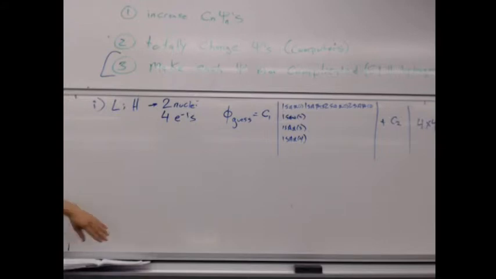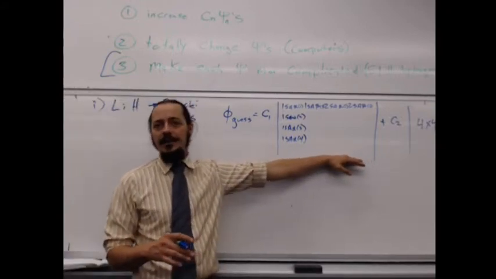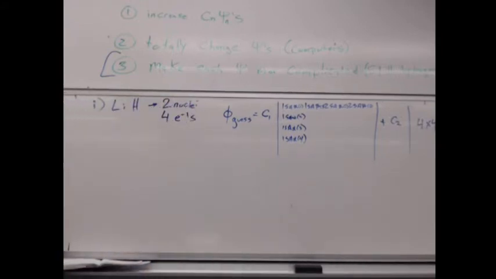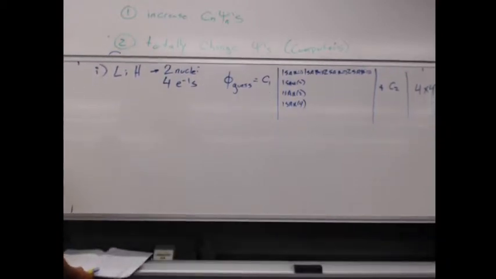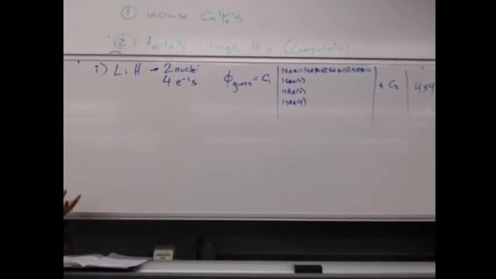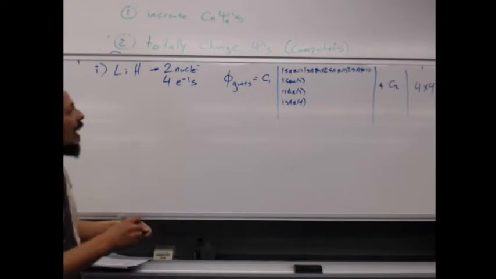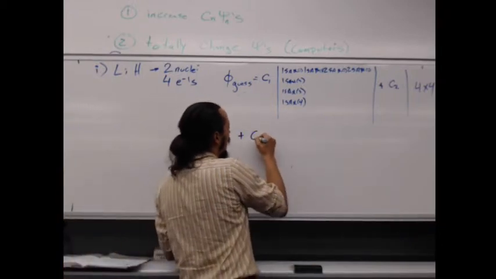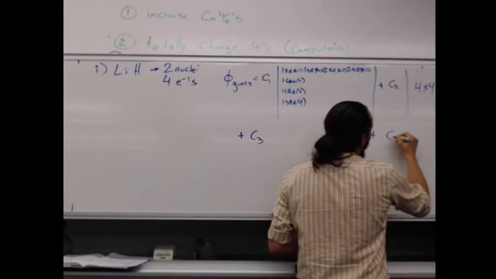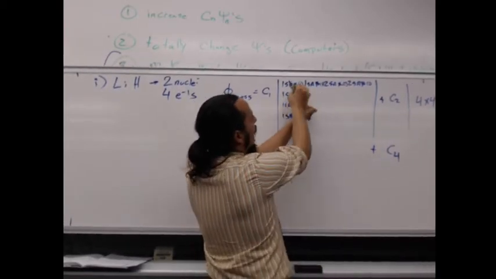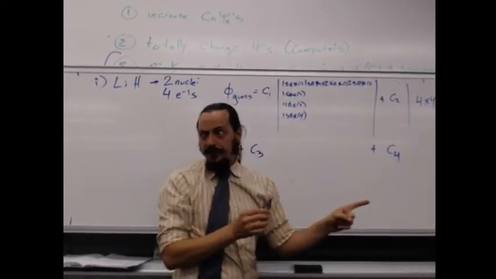This is a significant increase in the complication of our functions. And in fact, you could also increase the complications here. You could also do a plus a C3 and a plus a C4, where I'm changing my alpha and beta order for each of these.